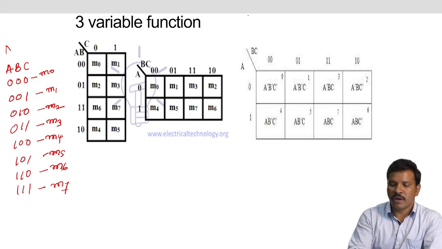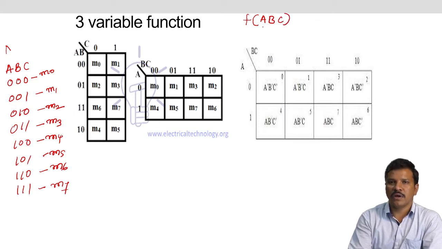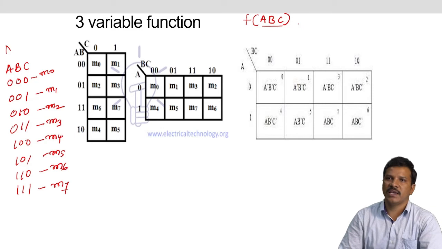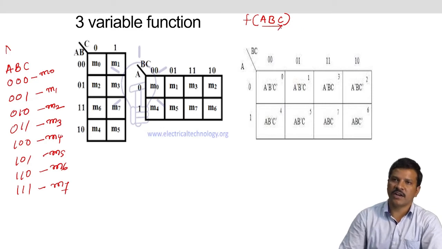Remember, for a function of variables A B C, that is the reference order. So we count those binary numbers or minterm representations starting from A, then B and C.